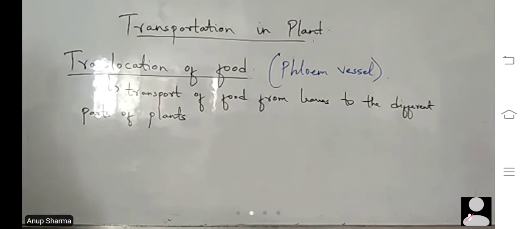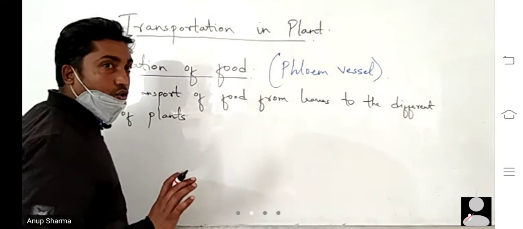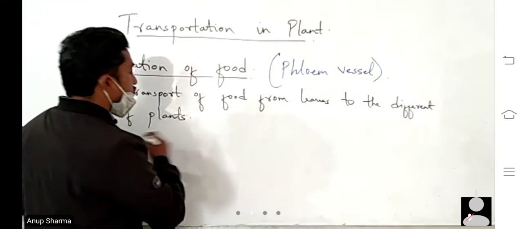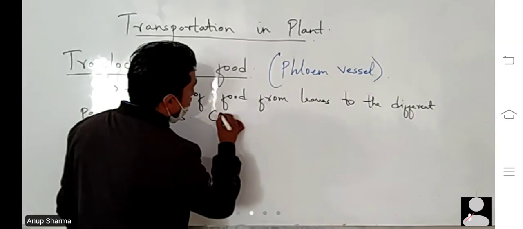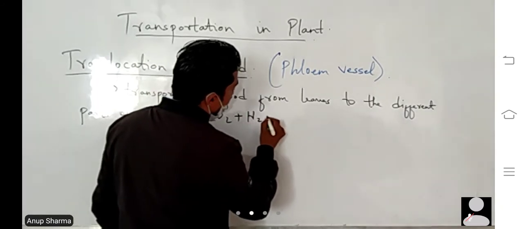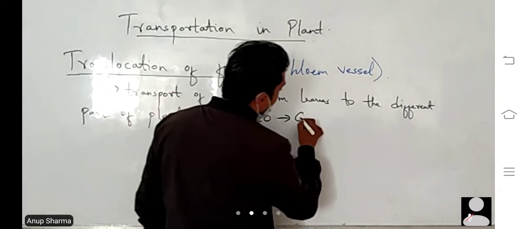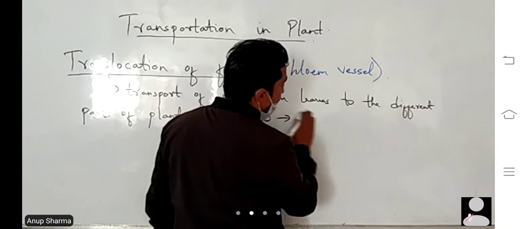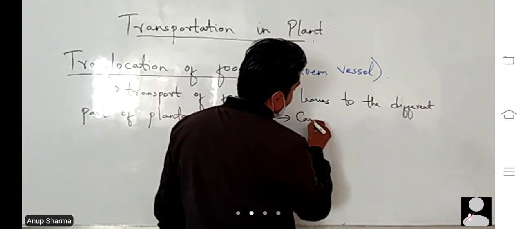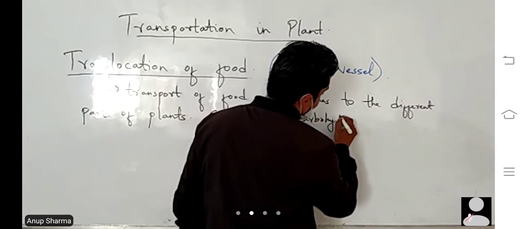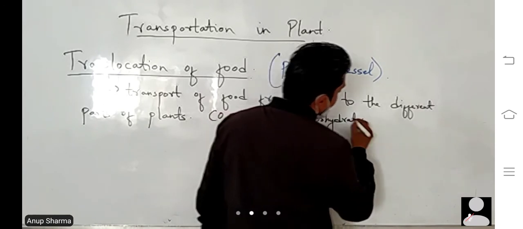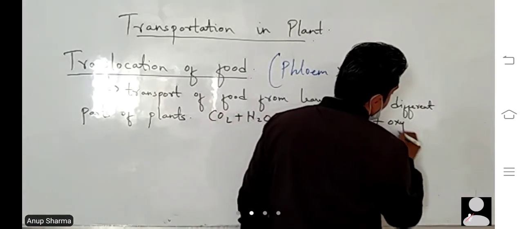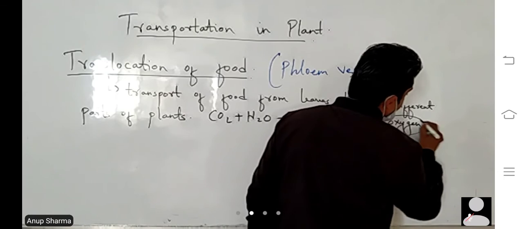As I told, glucose is a carbohydrate. So when food is prepared in the plant, CO2 plus H2O gives glucose or carbohydrates, energy, and oxygen, and this oxygen is released.